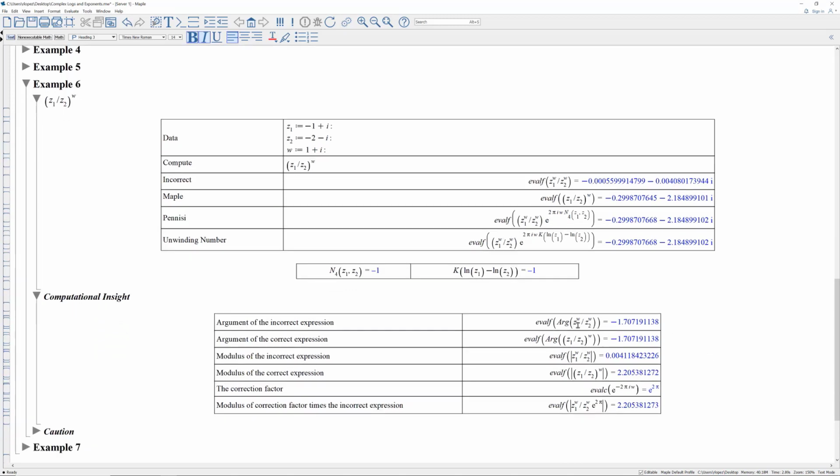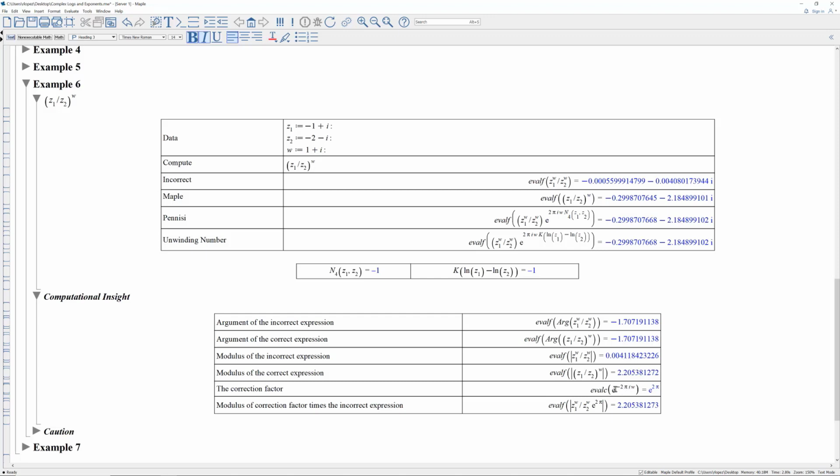Incorrect distribution of the exponent, you get this argument. Correct distribution of the exponent, which is don't distribute it, you get the same thing, the same argument. So you look at the modulus. Incorrect distribution of the exponent, this is the modulus. Correct distribution of the exponent, which is don't distribute it, modulus is considerably larger, multiplicatively larger.